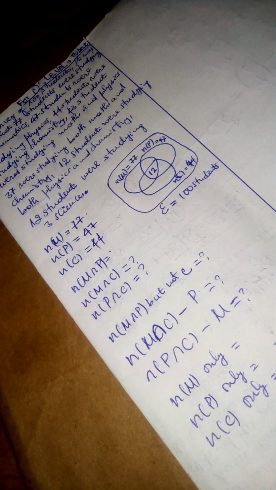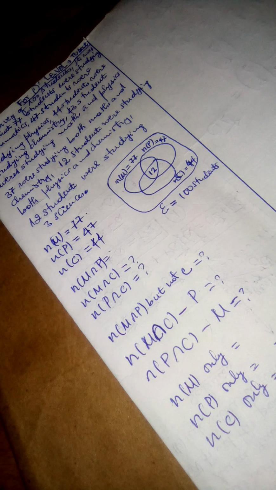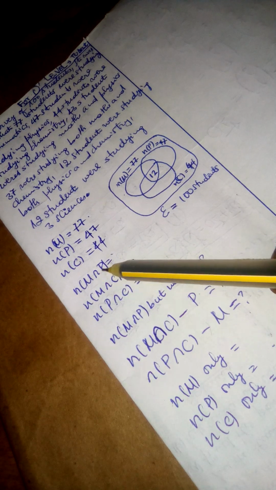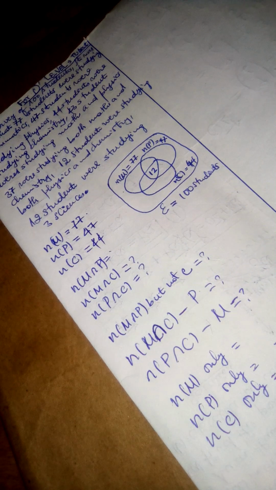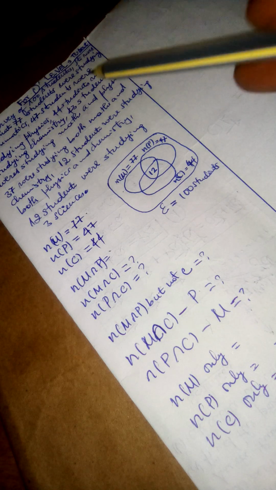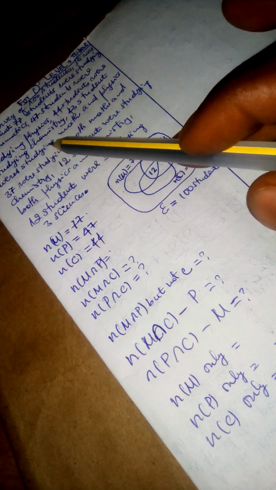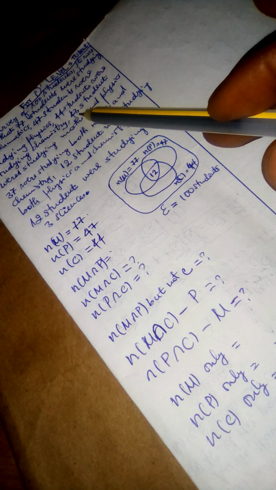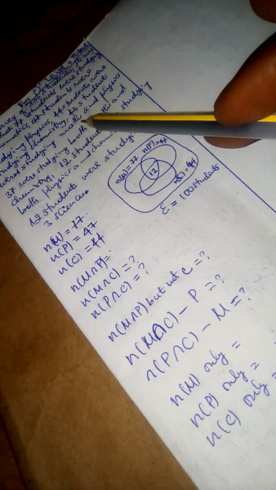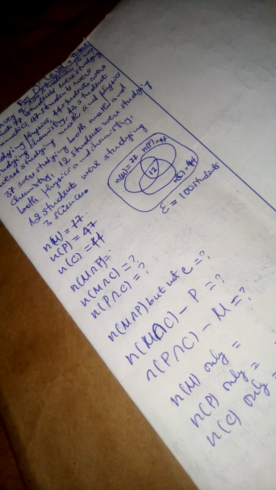The cardinal number of M intersection P, this is the intersection sign, means the students who attend both mathematics and physics, and we have seen that 43 students were studying both mathematics and physics, so it is 43.